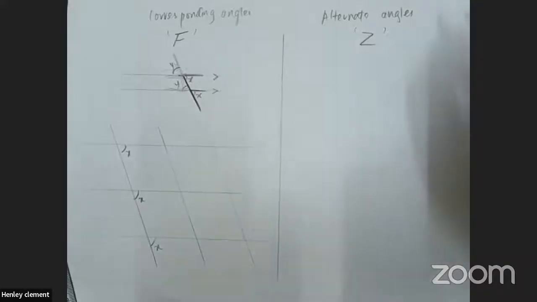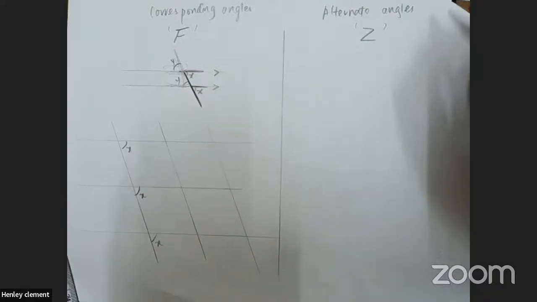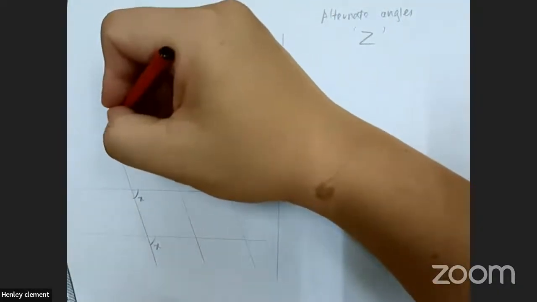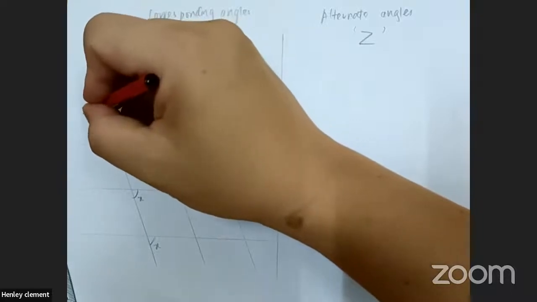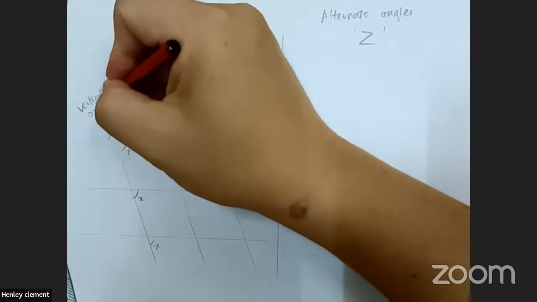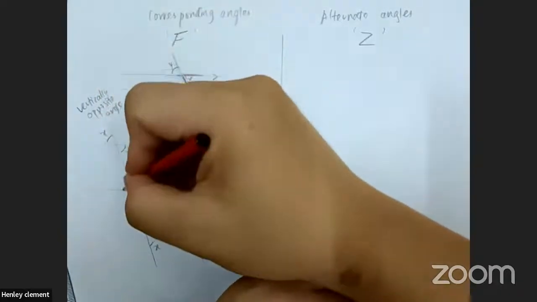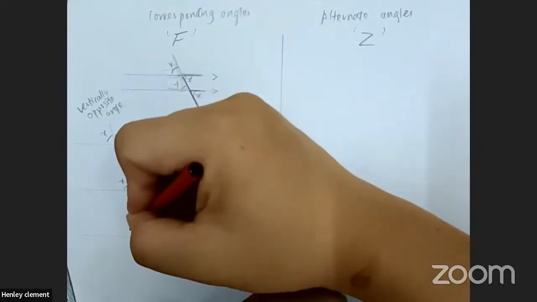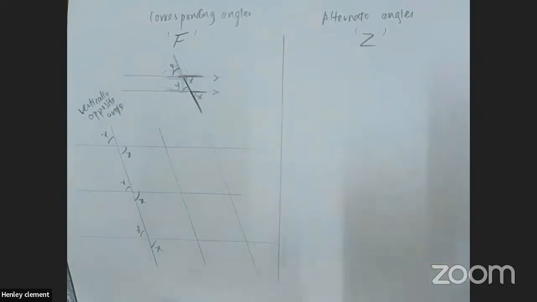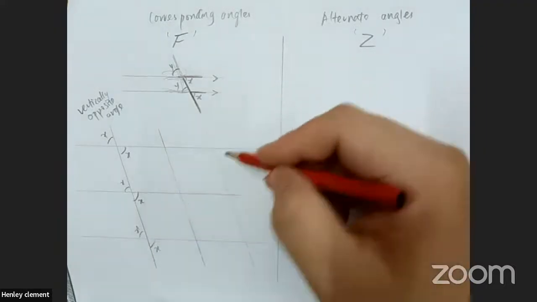And then, not only that, we have the vertically opposite angle. Can you see, if you cut these three, this is opposite that. We call it the vertically opposite angle. So this one is also x, opposite also x, opposite also x. And then we can see an f also here.